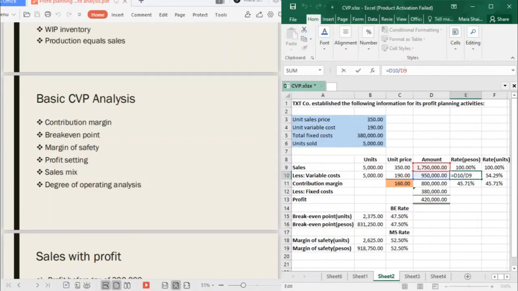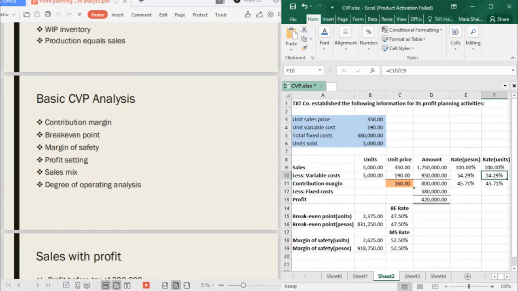Instead of contribution margin, it is variable cost na siya. So, that is how it is easy to get the rates. That is in peso. If ang available information is in units, still same: 160 over 350 for the CMR, and 190 over 350 for the VCR.